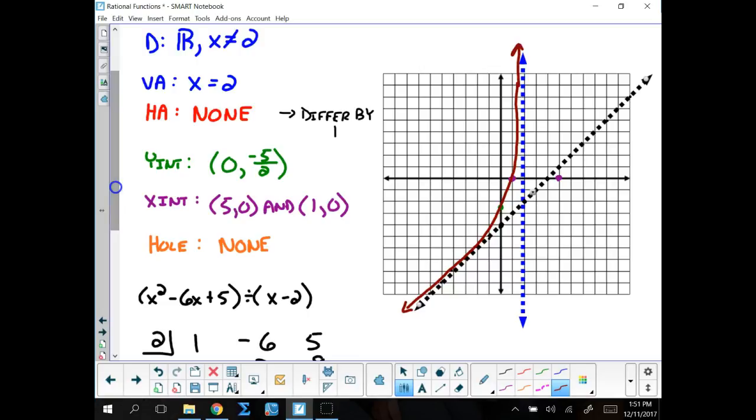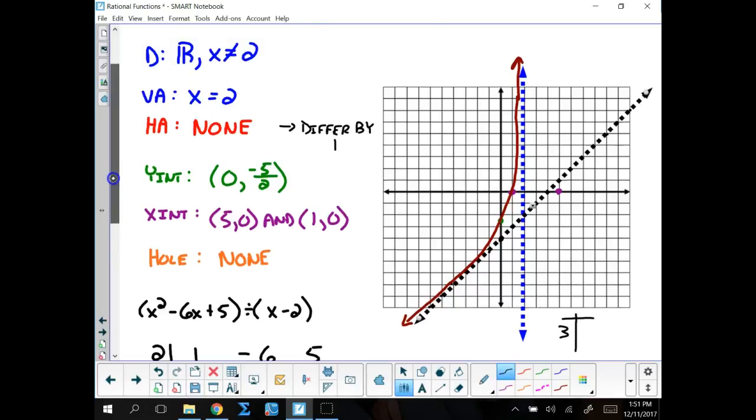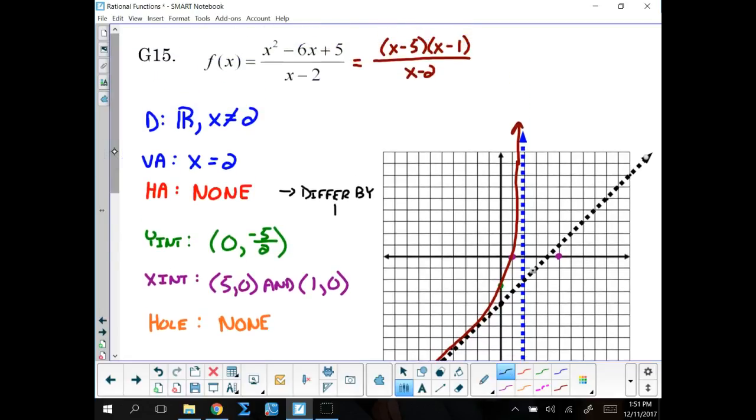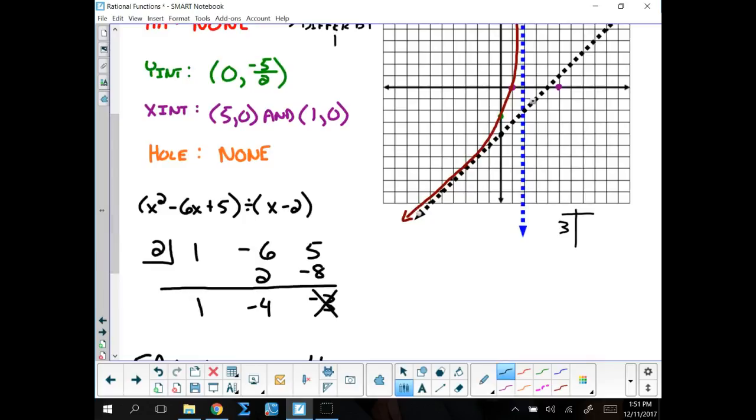Do I have enough on the right side? Maybe 1 more. Okay. What if we went with 3? If I put 3 into my function, 3 squared is 9, minus 18 is negative 9, plus 5 is negative 4, over 1 would be negative 4. 1, 2, 3, and 4 right there.